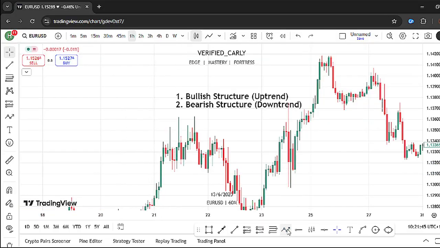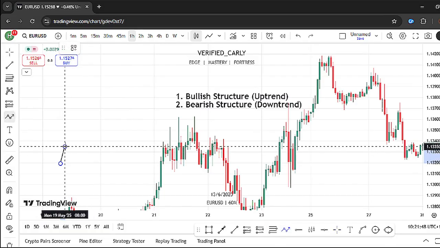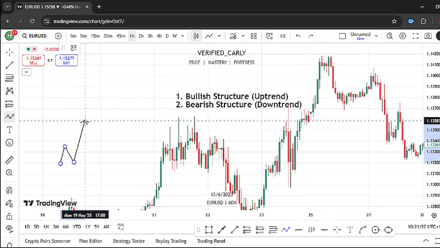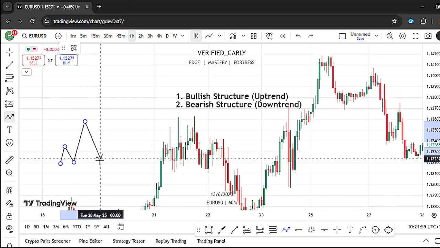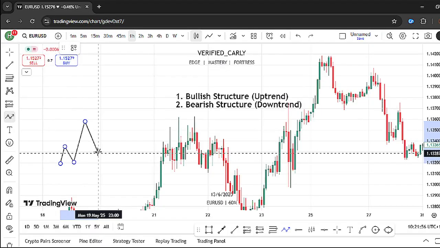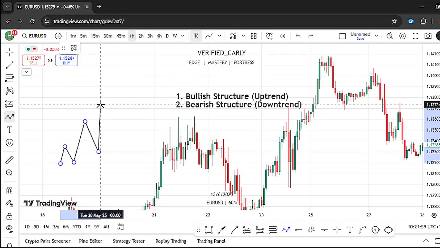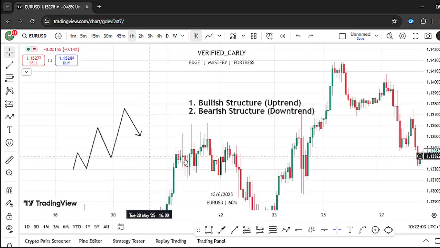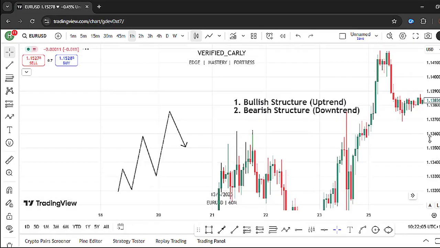So in the bullish structure, look, price is making what? This is a high, right? This is a low. Then price broke that high, right? And made what? A higher low, right? Another higher high and a higher low. So if you see price moving like this, basically, it is called what?